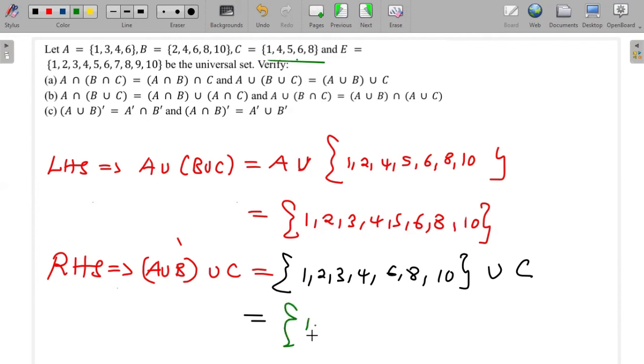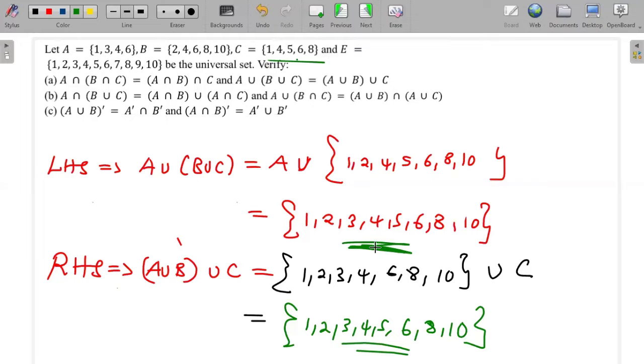So it will be 1, 2, 3, 4, and then 5, 6, 8, and then 10. Okay, so this is my right-hand side. So now compare. Is this left-hand side, okay, the same as the right-hand side? The answer is yes. Okay, so we're going to say hence proved.